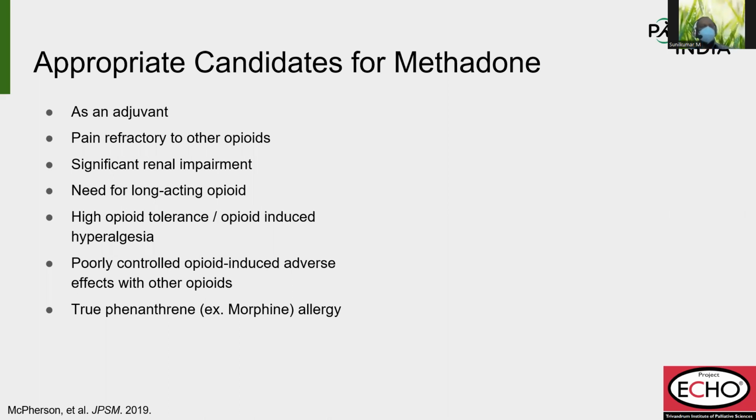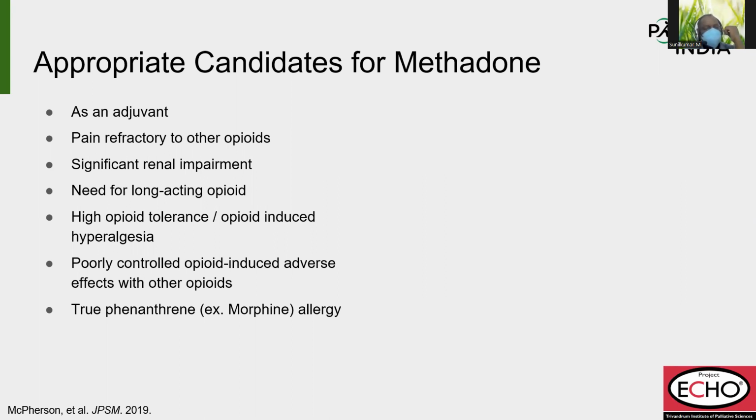And sometimes some patients may not be able to take morphine every 4 hourly, and there will be breakthrough pain in between. In such cases, you can use methadone, because the duration of action of methadone is 8 to 12 hours, whereas the duration of action of morphine is about 4 hours. So if the patient needs a long-acting opioid, then methadone is a good one.